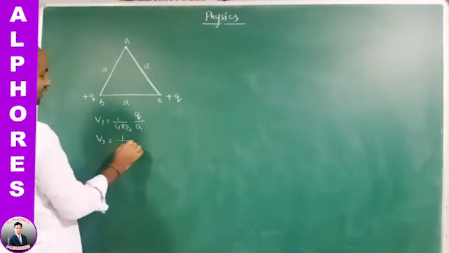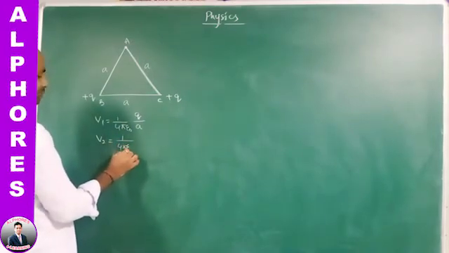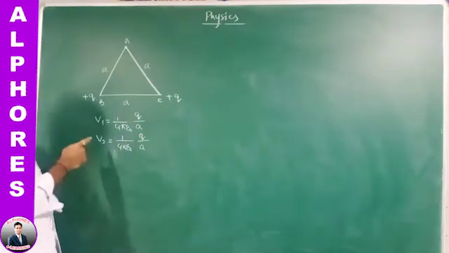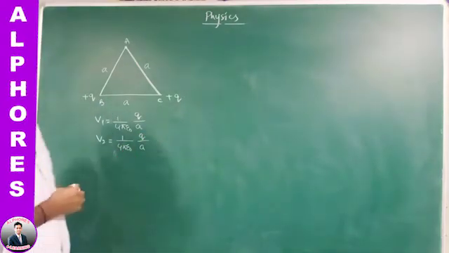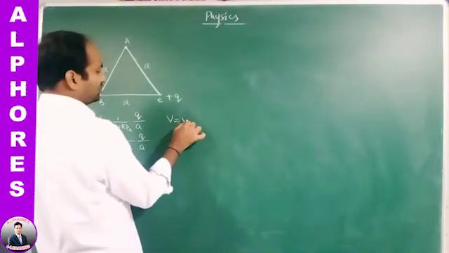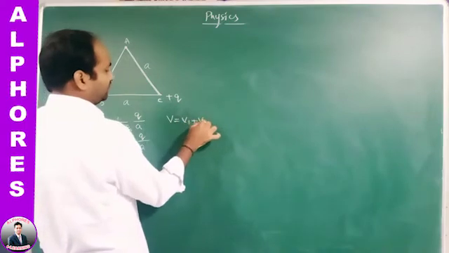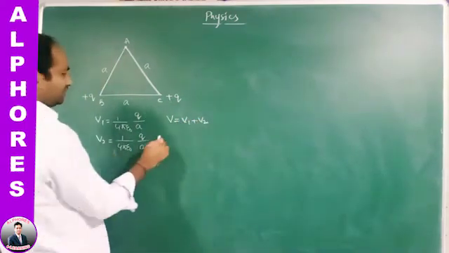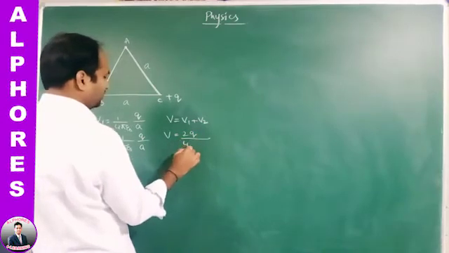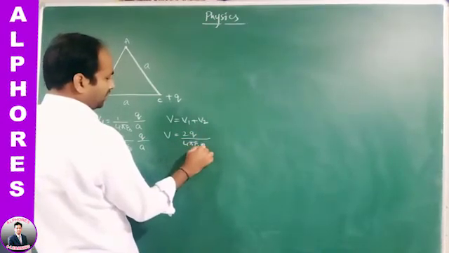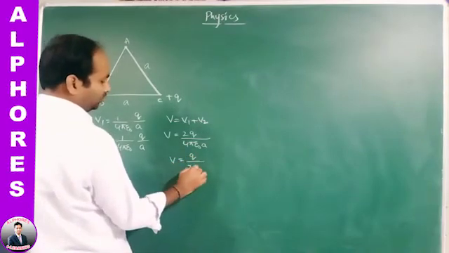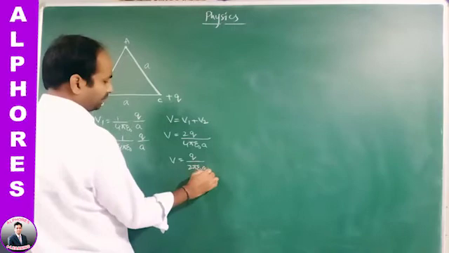So again we get 1 by 4 pi epsilon naught q by A. These are not vectors, potential is a scalar. The net potential V is equal to V1 plus V2, the algebraic sum. So V is equal to 2q by 4 pi epsilon naught A, or we may write V is equal to q by 2 pi epsilon naught A.